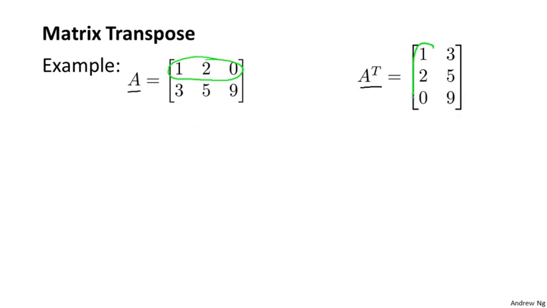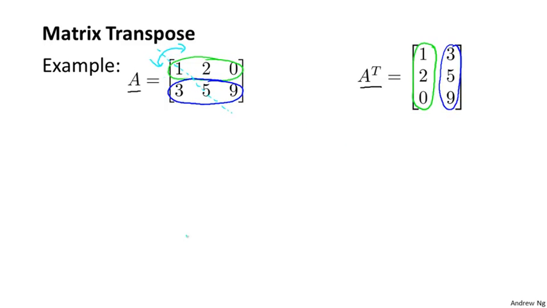That becomes the first column of the transpose. And then I'm going to take the second row of A, 3, 5, 9, and that becomes the second column of the matrix A transpose. Another way of thinking about how to compute the transpose is as if you're taking a 45-degree axis and you're mirroring or flipping the matrix along that 45-degree axis.